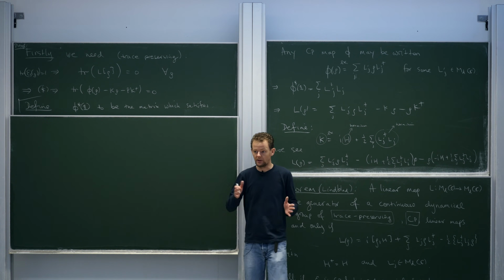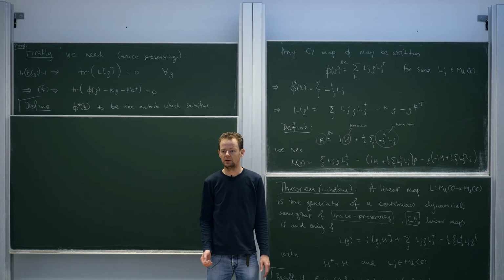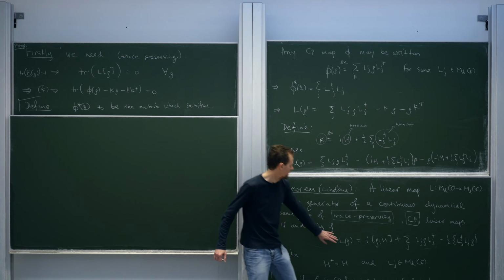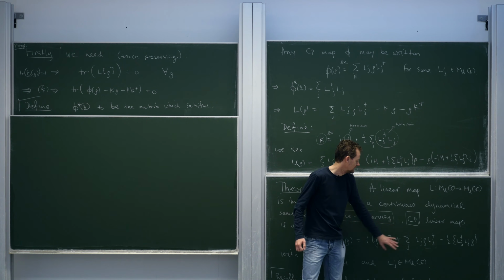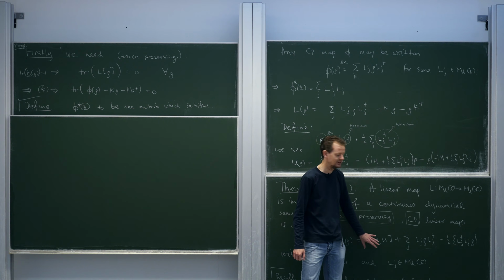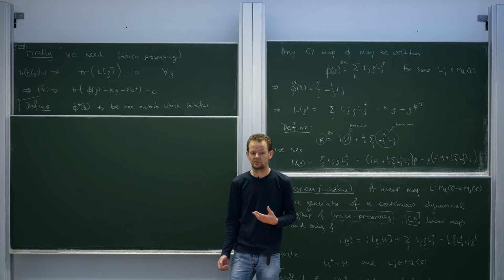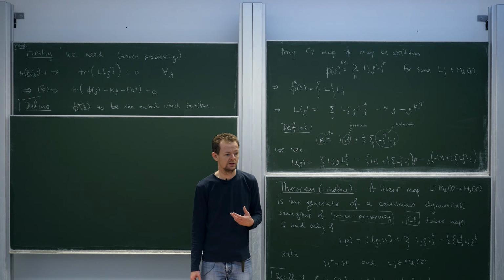But we can go the other way. Suppose we have a Lindblad equation of this particular form, with some L_j's that we like and some H that we like. Could it be that there's a unitary process whose effective dynamics generates exactly this equation of motion? Could it be? That's the question that we'll focus on in the last part of this course.